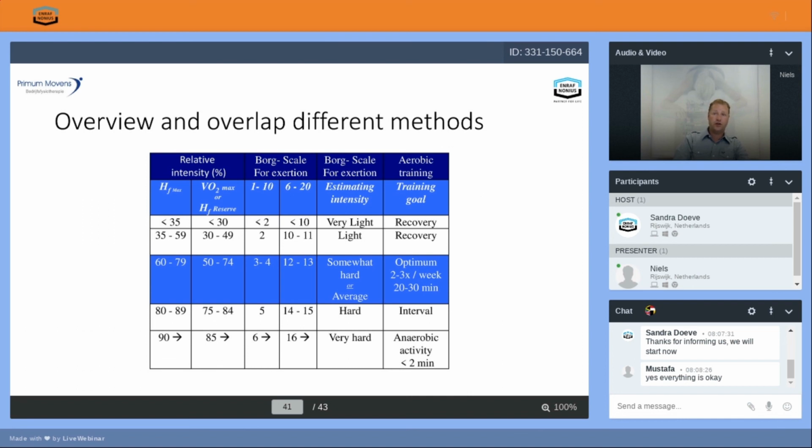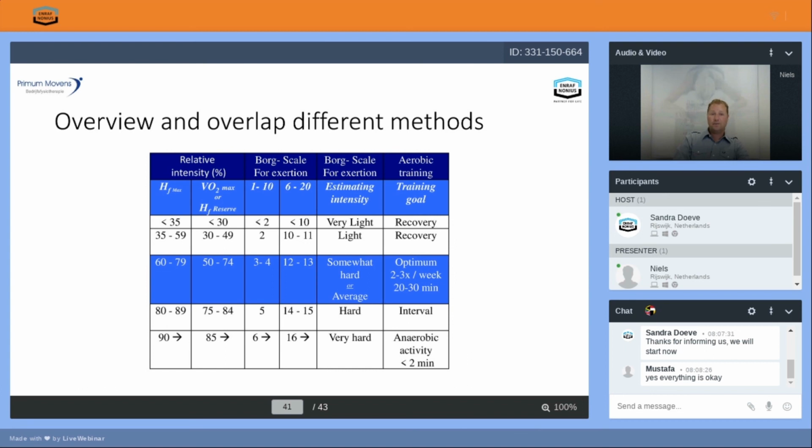The first 2 levels are more focusing on recovery. The middle blue one is the optimum, 2 to 3 times a week for at least 20 to 30 minutes of activity. That is from the heart rate maximum method from 60 to 80% intensity, from Borg scales 12 to 13.